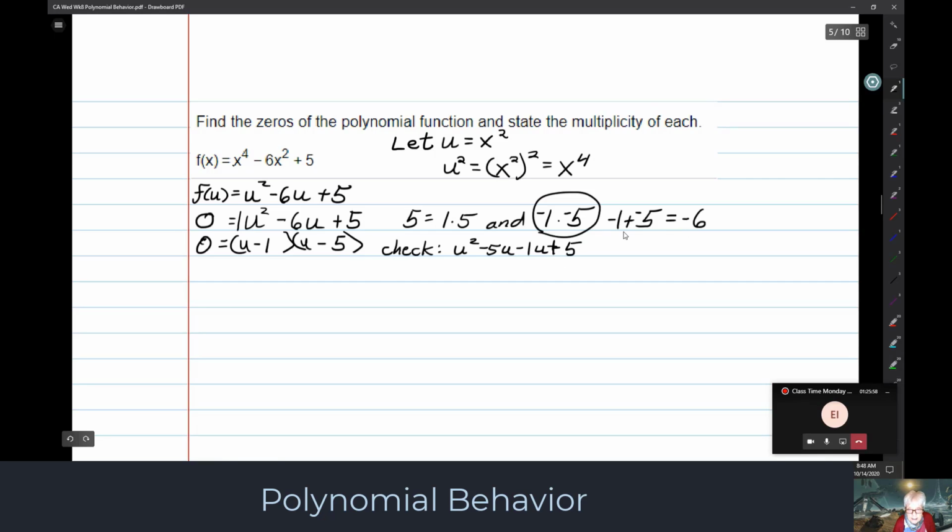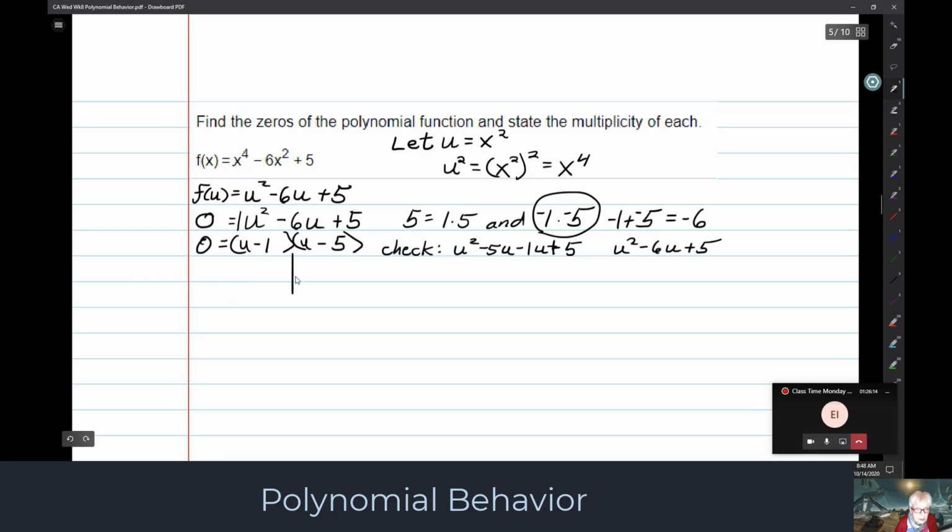Negative times negative is positive. So U squared minus 6U plus 5 gives me what I started with. So that means I factored correctly.